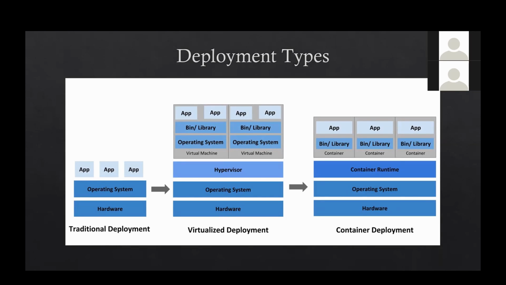If you are getting more requests for that service, then you have more of these containers that hold that particular service. But one container would have one microservice that does one specific job. That is the standard way of deploying things.